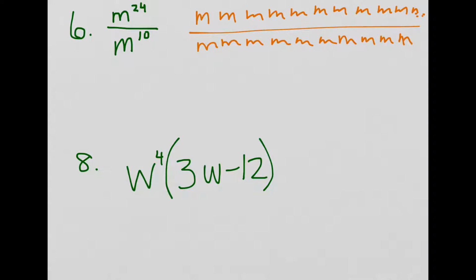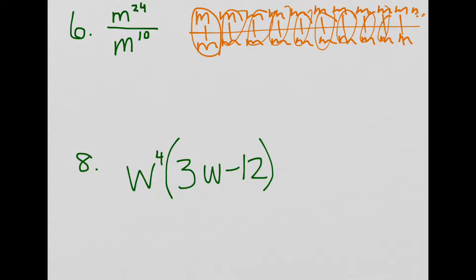That's an m. Well, I know that m divided by m is 1. So every time I have a pair of m's like this, that's just going to become a 1 times 1 times 1 times 1 times 1 times 1 times 1 times 1 times 1 times 1. And so all of these m's right here, they all just become 1.